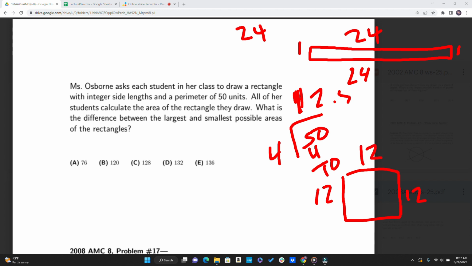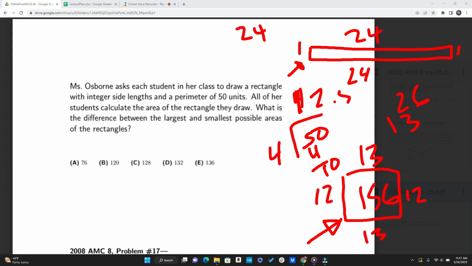So we can have 2 side lengths of 12 and 2 side lengths of 13. Right? And that'll add up to 50. This rectangle has area 13 times 12. That is 156.